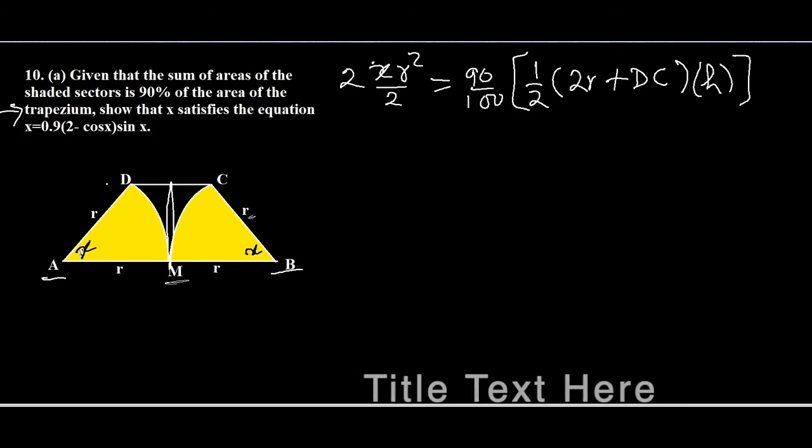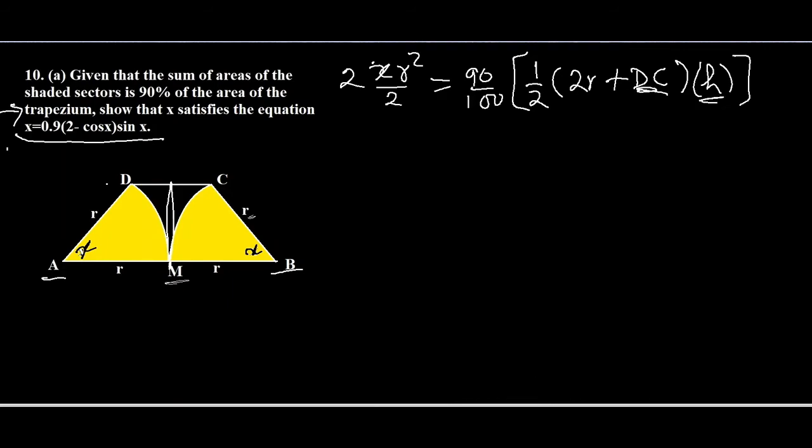This is what our situation is, and we have to show this equation. So our challenge is to convert DC and H in terms of r. Let's start with H. Let me construct a height here. This will be the height of the trapezium.